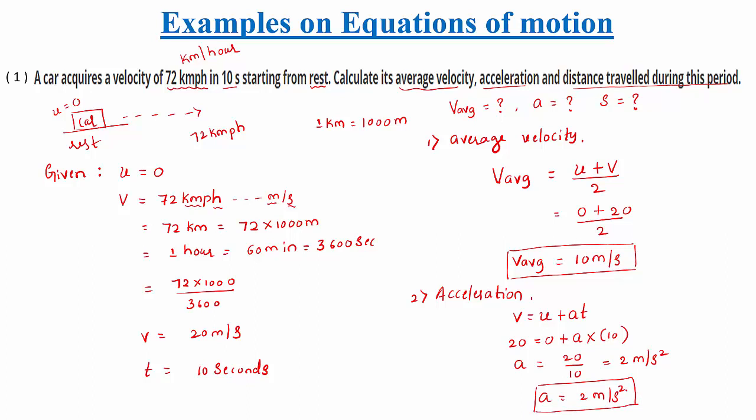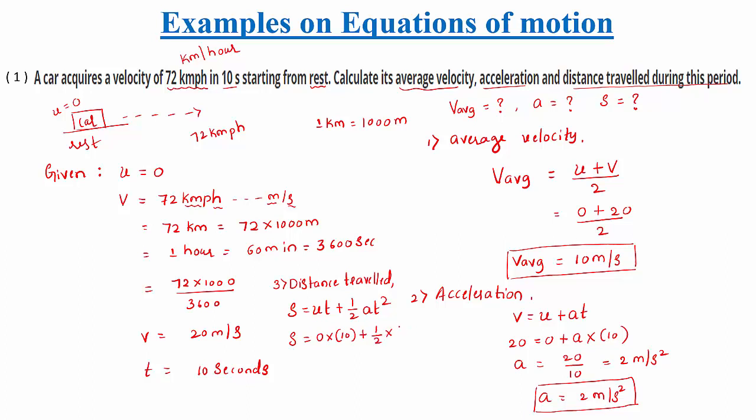Then similarly, third one is distance traveled during this period. Distance means we can use the equations of motion, that is third one, S equal to ut plus half at square. S equal to initial velocity is 0 into time is 10 second plus 1 by 2, keep as it is.